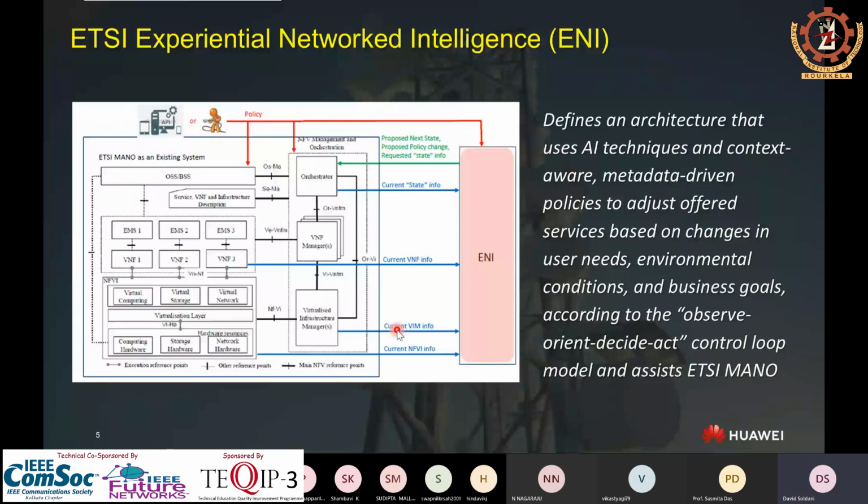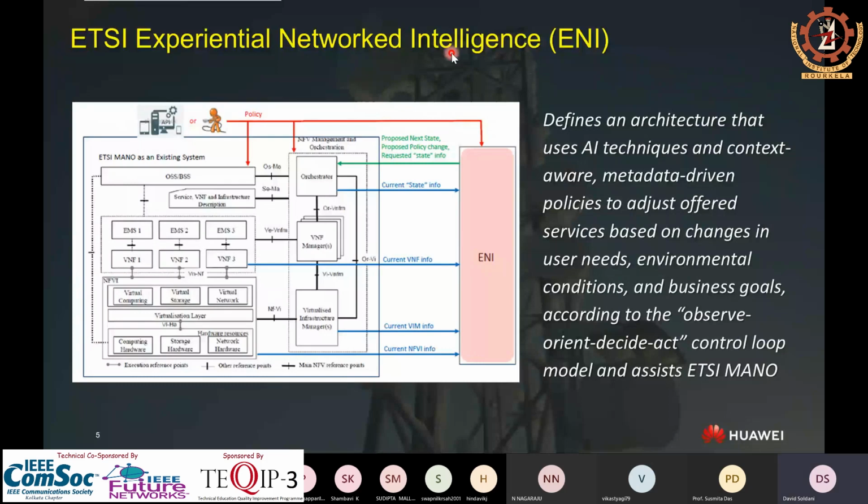And let's have a look now at the standards. There are many initiatives ongoing, and they started, I think, two to three years back. The first I'd like to share with you is an initiative still ongoing within ETSI, the standardization body in Europe.